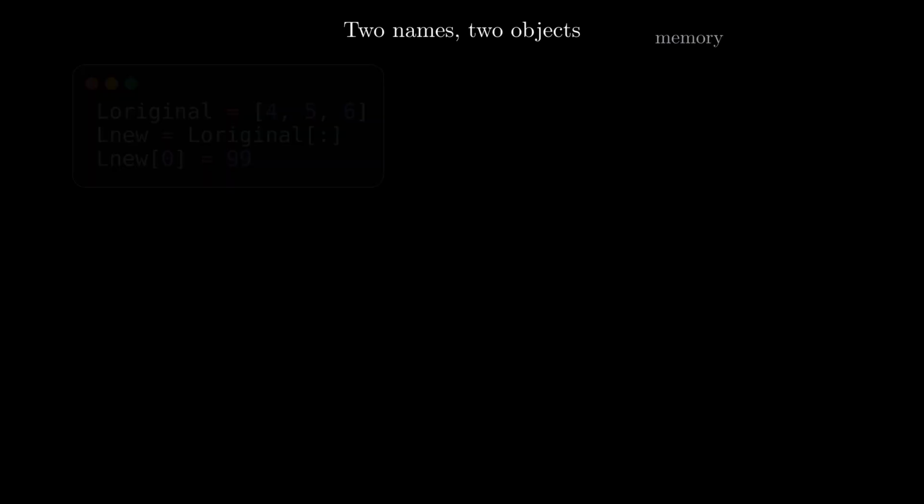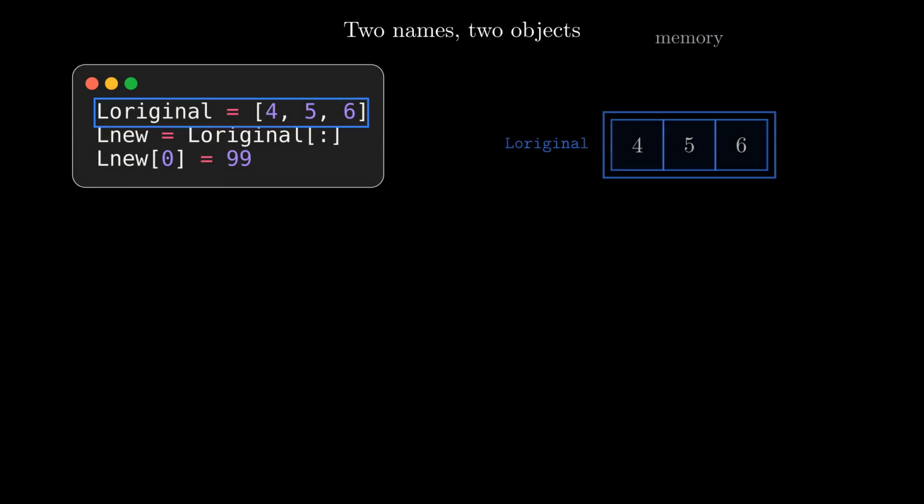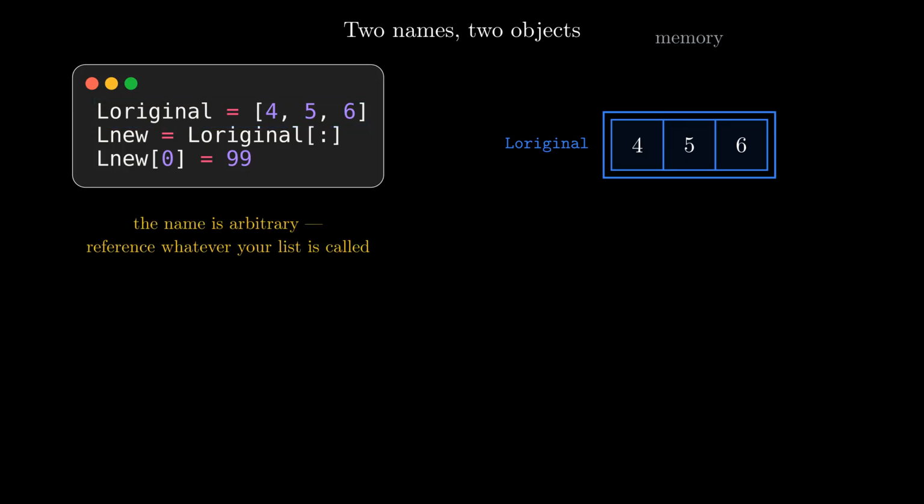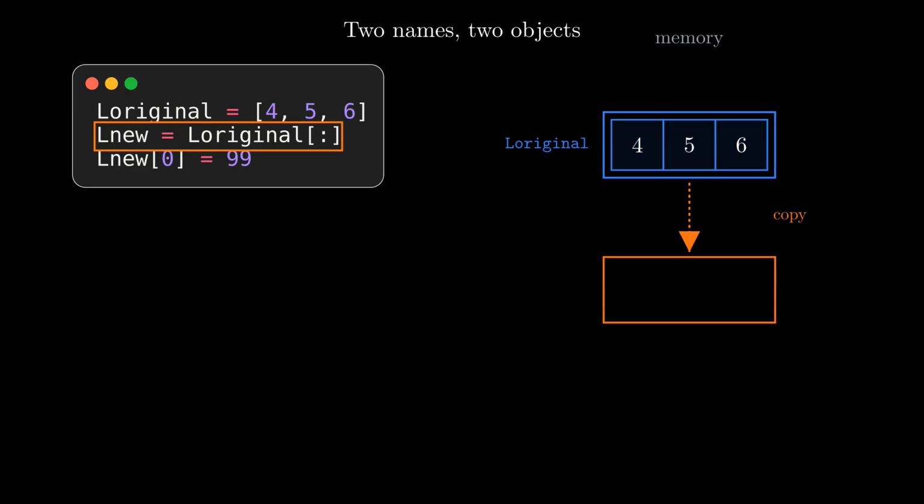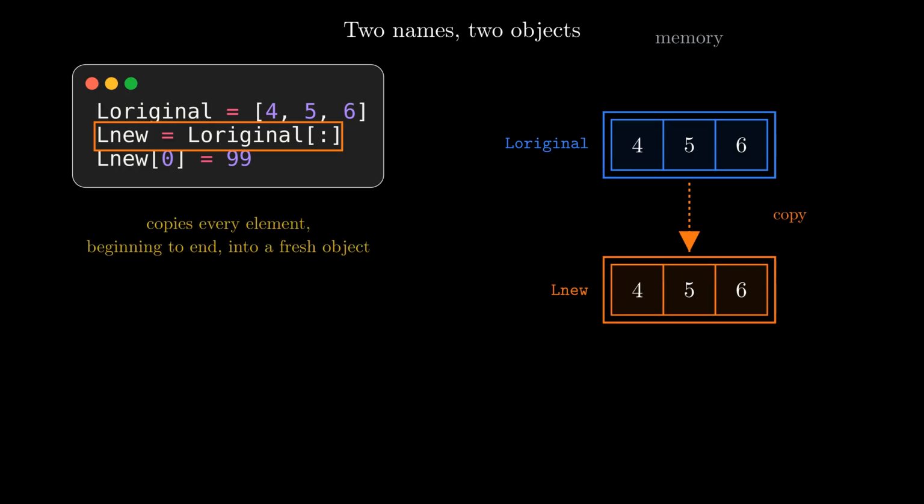Here's what that looks like in memory. Name the original list L_original, holding 4, 5, 6. The name is arbitrary. Calling it L_original rather than L just shows that you reference whatever your list actually happens to be called. Write L_original followed by square brackets with a colon inside and bind the result to L_new.